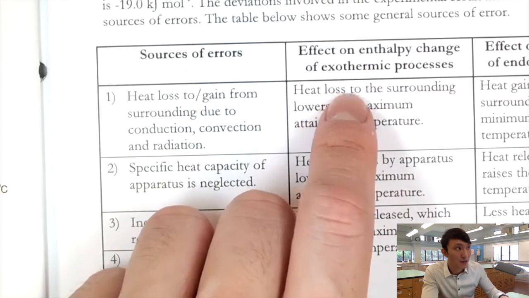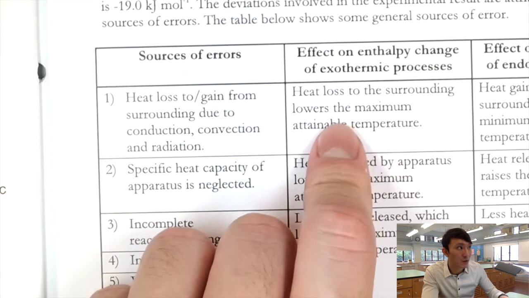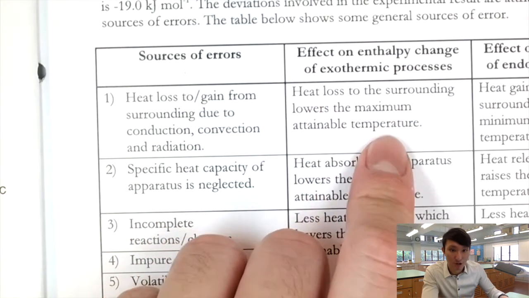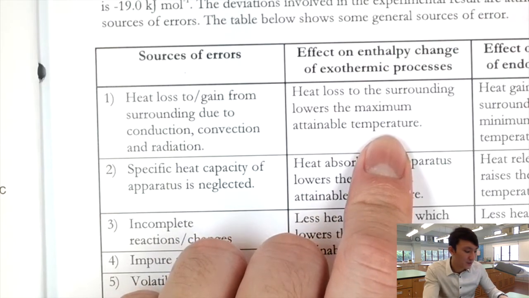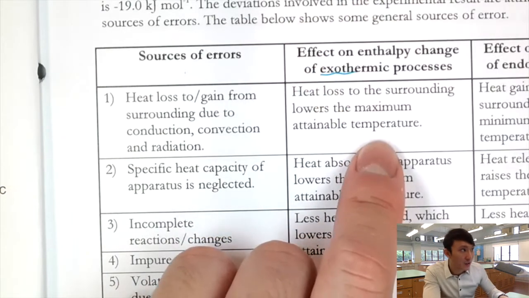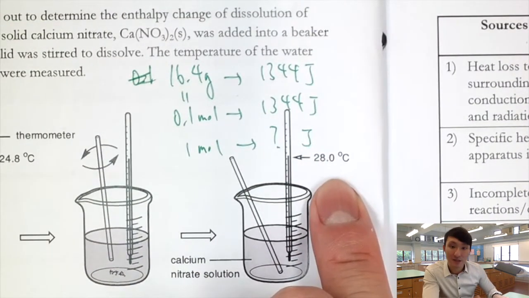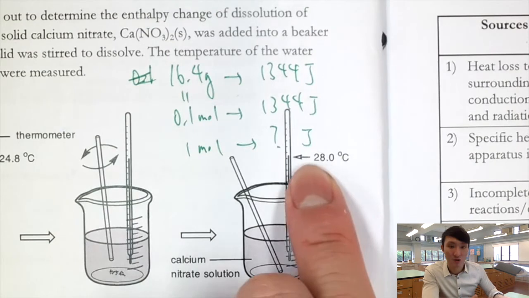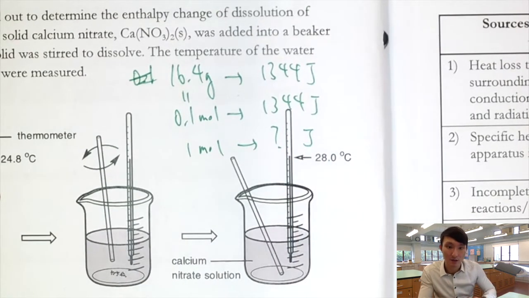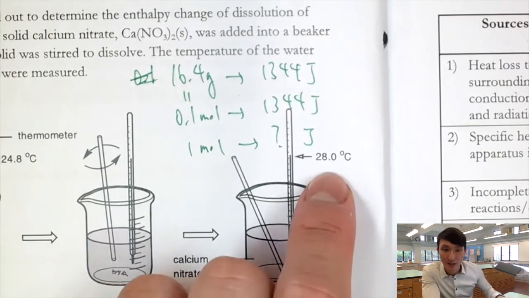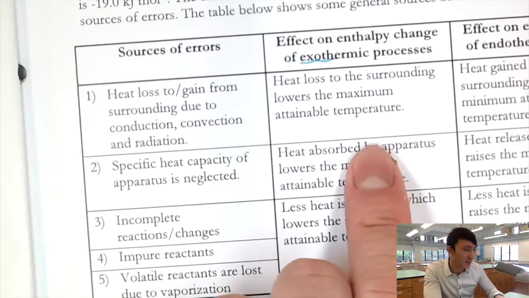Well, if you have heat loss, then obviously it will lower the maximum attainable temperature, right? So for an exothermic reaction, of course, it will lower the maximum attainable temperature. So in this case, we have 28, but maybe theoretically it can climb up to 30. But because of the heat loss, it can only reach 28. So this is the idea.